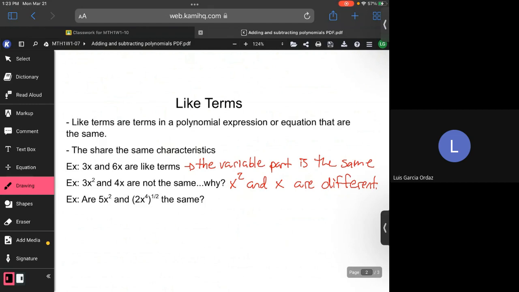Alice, why? Because 2 times. So what kind of rule are we using here? What's the exponent rule called? Austin? Isn't it like a power to a power? The power to a power.